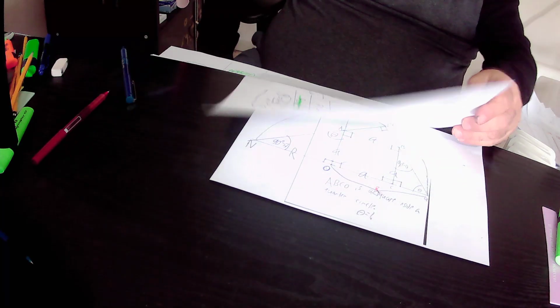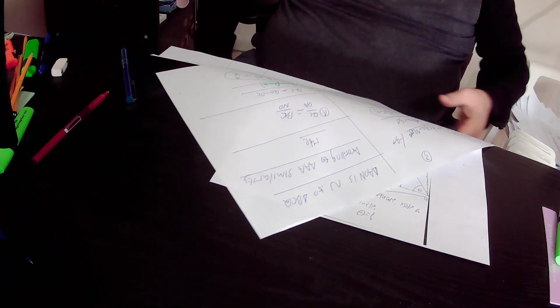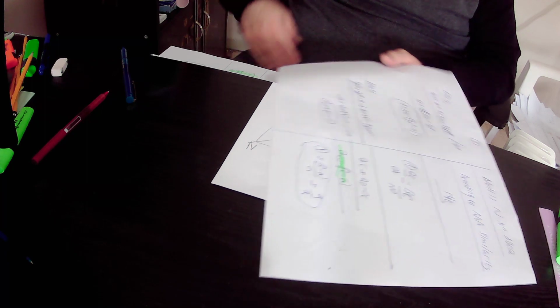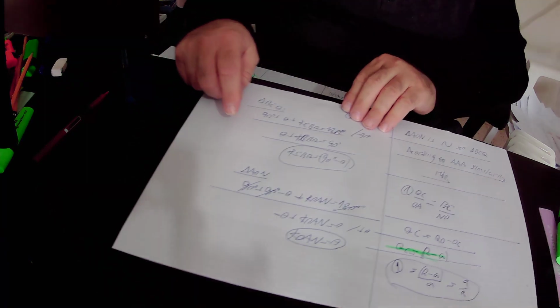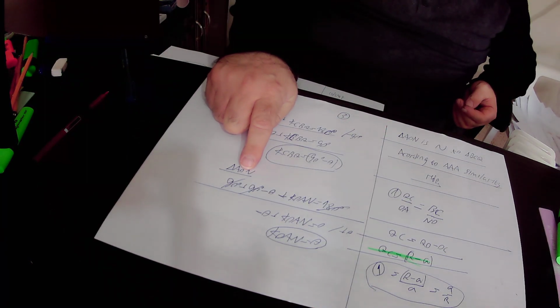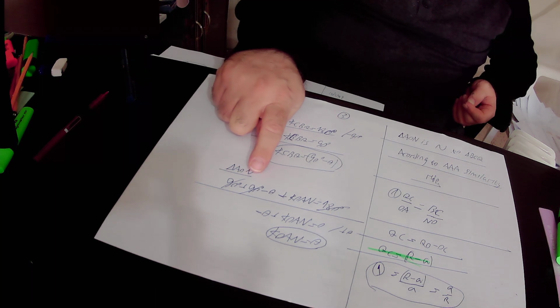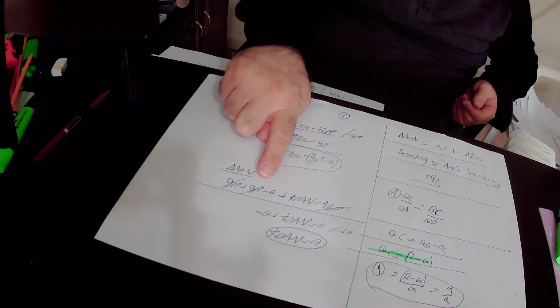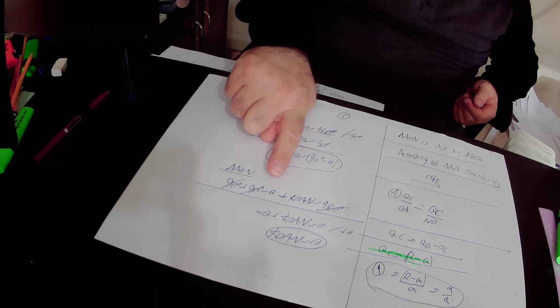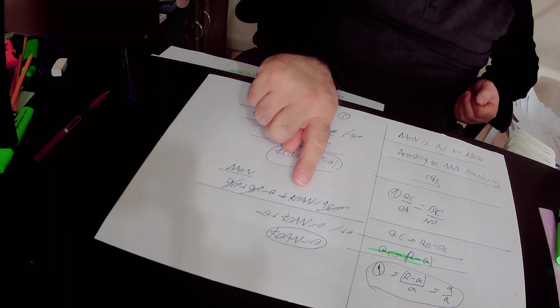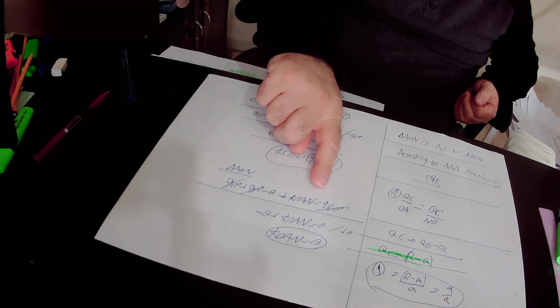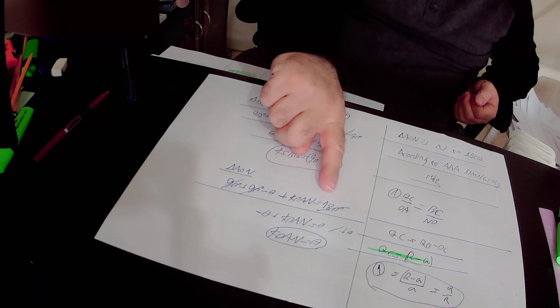Okay, so here, 90 degrees, the size of the first angle, plus the size of the second angle that is 90 degrees minus theta, plus the size of the third angle that is angle OAN. In total, the sum of those three angles must be equal to 180 degrees.